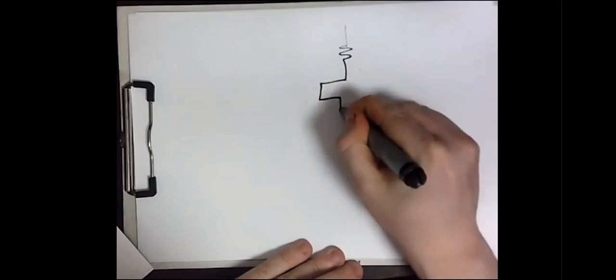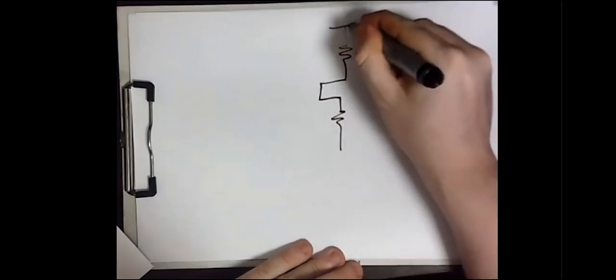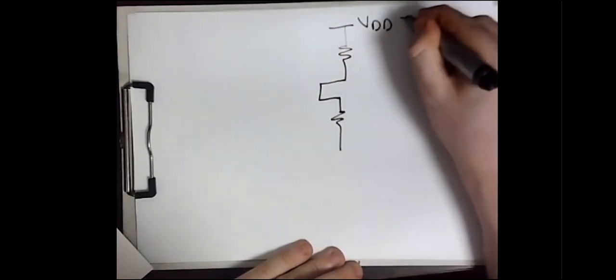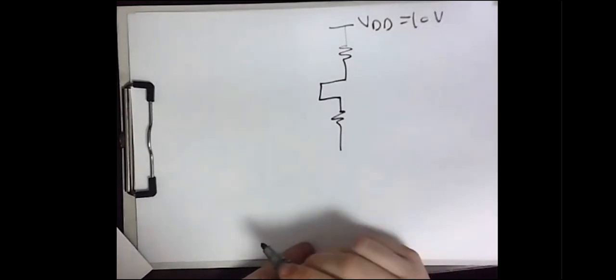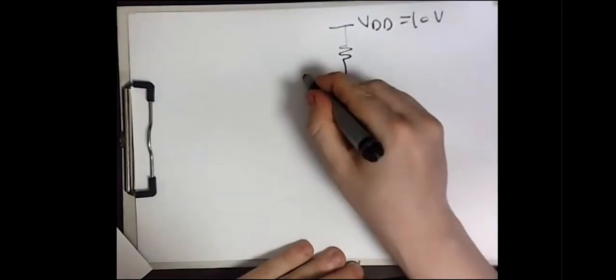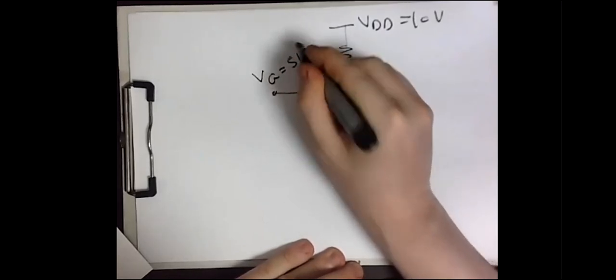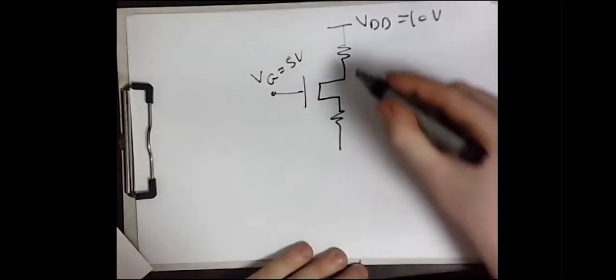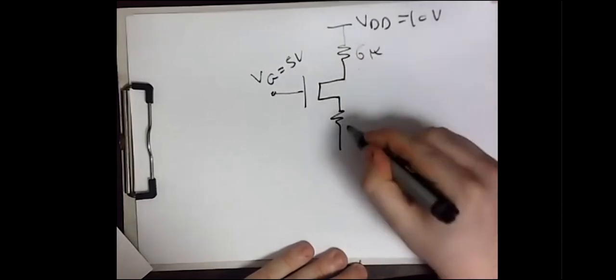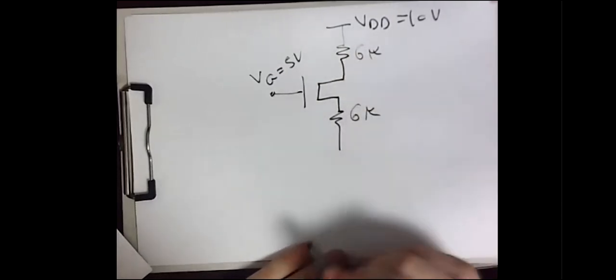Let's again look at the circuit. This is the VDD, which is 10 volts, and this is VG, which is 5 volts. I just get rid of these 10 mega ohms because we don't need them. This is 6K, and this is 6K.